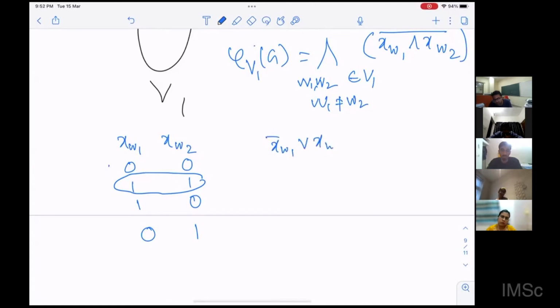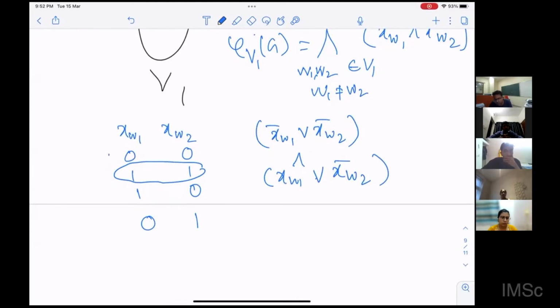So what is allowed? x_W1 or x_W2 is allowed. What else is allowed? x_W1 or x_W2 bar is allowed. And x_W1 bar or x_W2 is allowed. Is this fine?